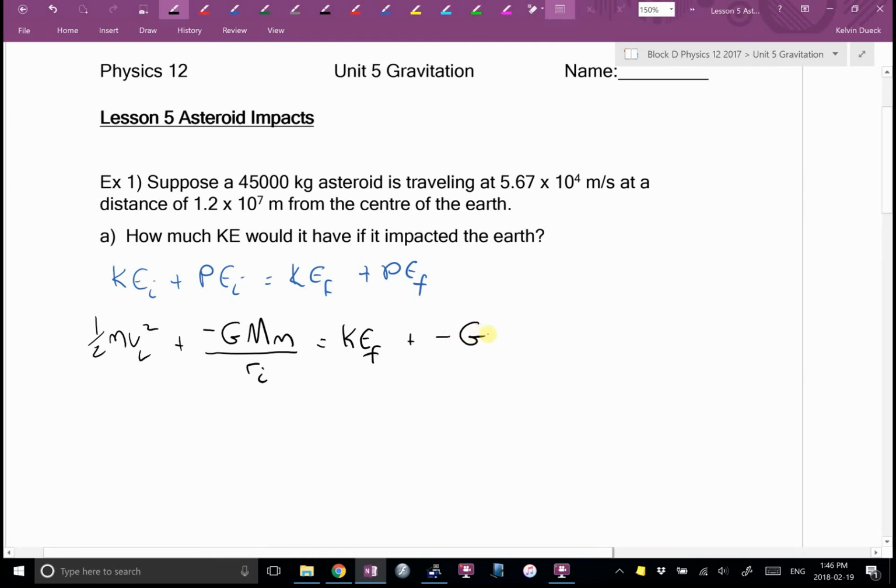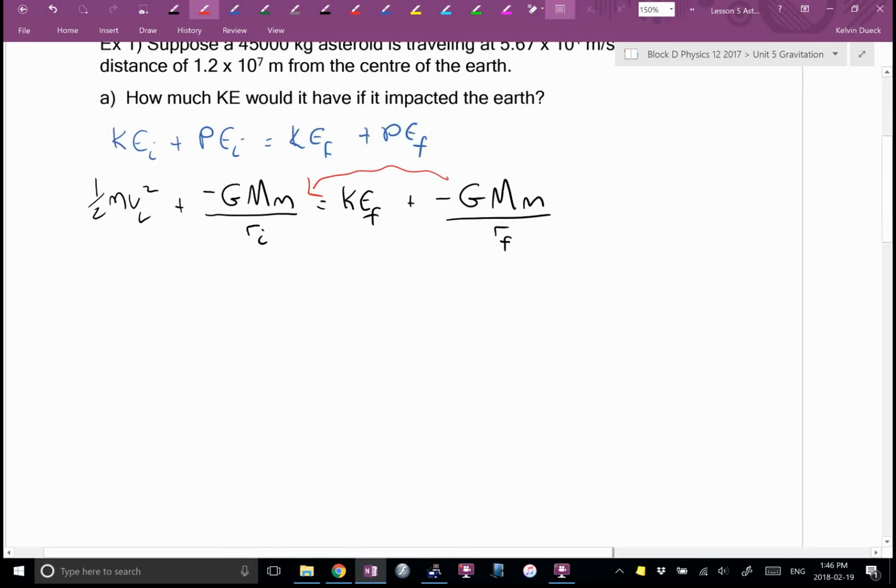Plus negative big G, big M, little m over r final. Now I'm going to move that to that side. I'm going to get one half m v initial squared minus big G, big M, little m over r initial, but plus big G, big M, little m over r final.